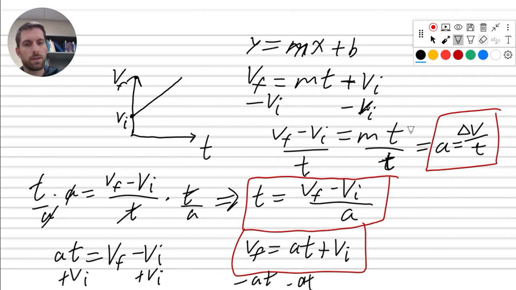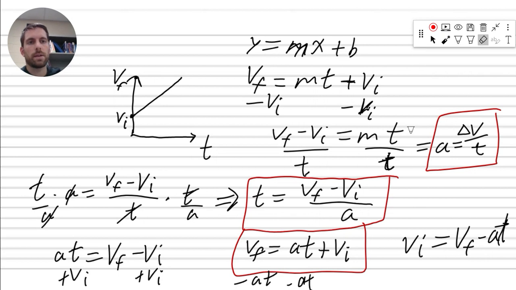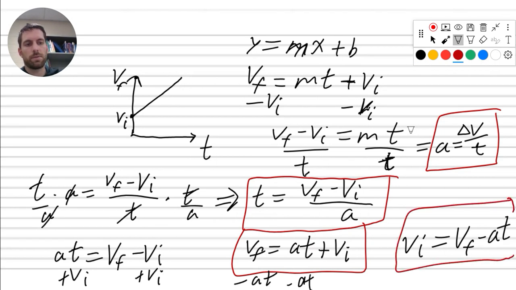So now vi is vf minus at, if I could write that, right? And I'll box this one too. So those are our four forms. That's how we got those. And that's it for part one.